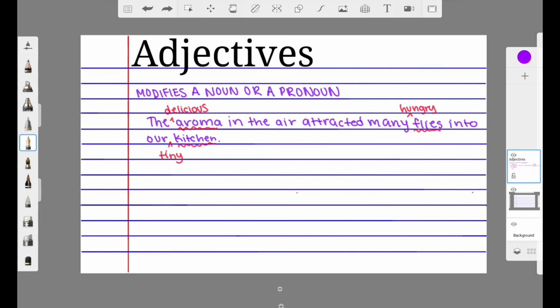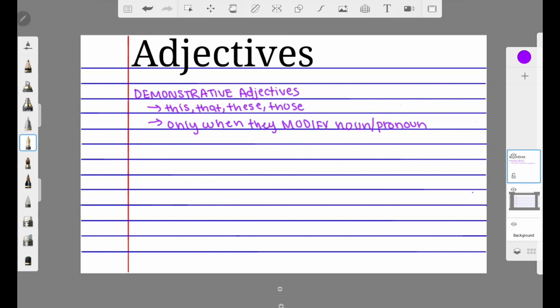Alright, so now that you've seen some examples of adjectives, let's look at some different types of adjectives. Demonstrative adjectives are this, that, these, and those, but they're only considered demonstrative adjectives if they are modifying a noun or a pronoun.